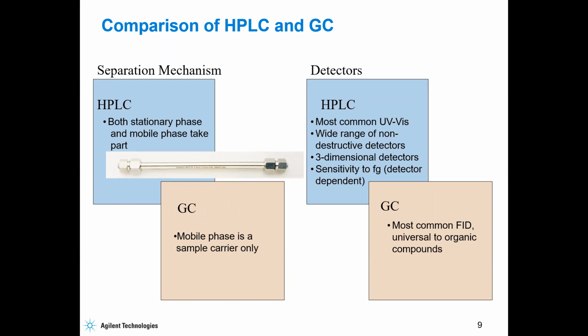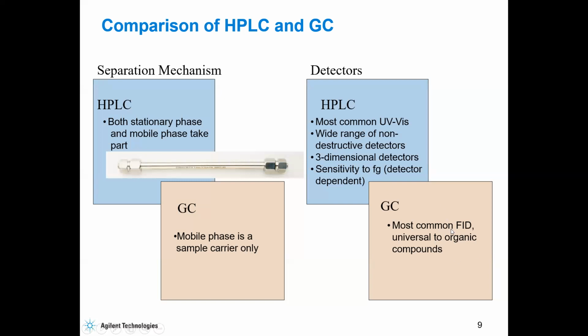And also in terms of detectors, the most common detector in HPLC is UV visible, and we have a wide range of non-destructive detectors. We have the three-dimensional detectors like your mass spec. We have detectors that are highly sensitive, very sensitive detectors.